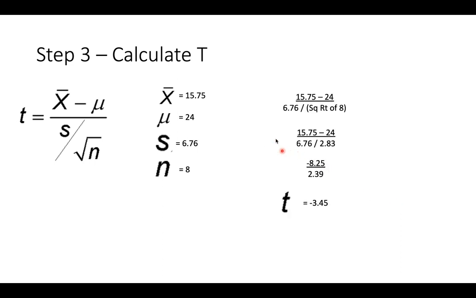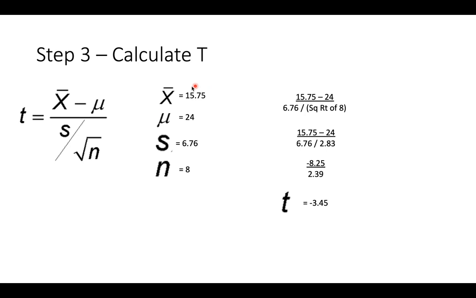So we plug and chug 15.75 minus 24. It's very important that you always put the sample mean first. Don't flip-flop the sample and the population means. They are not interchangeable. We need to put the sample mean first in this equation, because then the sign of our t-value will reflect the directionality of change of our sample versus the population.